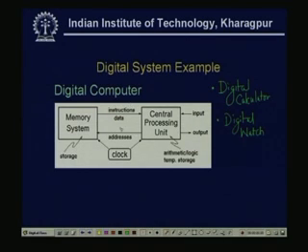Then these addresses are nothing but digital addresses, means these are 0 1, and the inputs fed to this CPU are nothing but digital inputs, again 0 1, and the outputs are also digital.